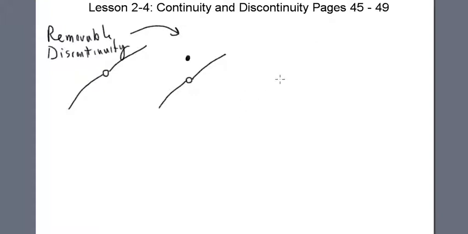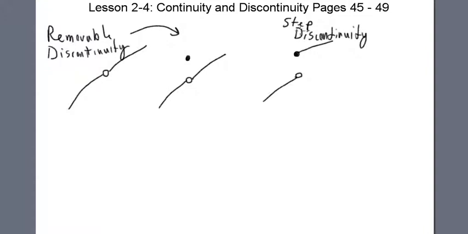Another example we've looked at is where instead of continuing from the open circle, it starts again somewhere else and then keeps on going. This is not a removable discontinuity. This is what is called a step discontinuity, which is once again discontinuous.